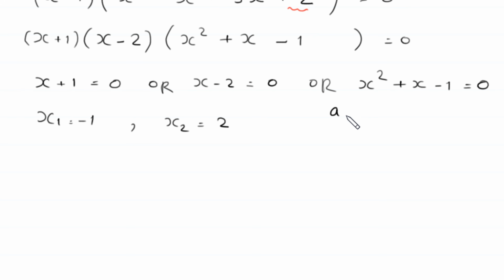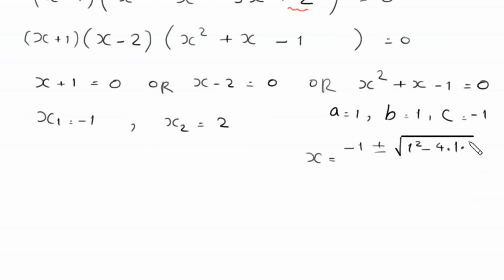In this equation a is equal to 1, b is equal to 1, and c is equal to negative 1. According to the quadratic formula, x is equal to negative b, which is 1, plus or minus the square root of, in place of b squared we write 1 squared, minus 4 times a, which is 1, times c, which is negative 1, divided by 2 times a, which is 1.